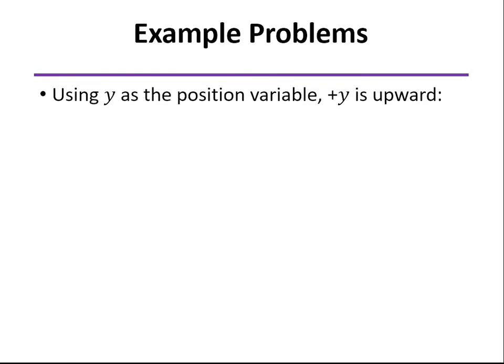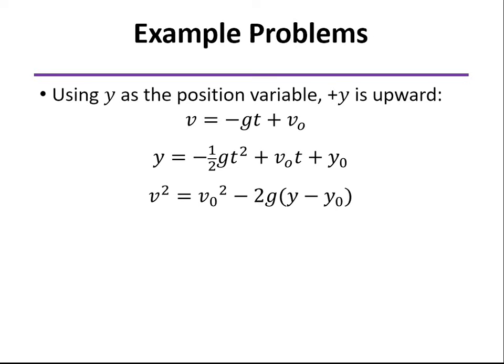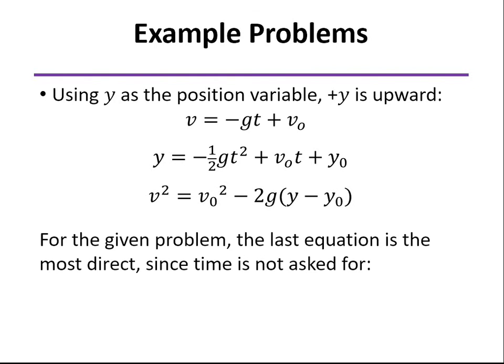And so if we use y as the position instead of x, since again our motion is going to be in the y direction, and positive y is upward, then of course g is going to be acting downward, so in the negative y direction. And plugging into our constant acceleration equations, we get these. So, two ways to solve this problem.